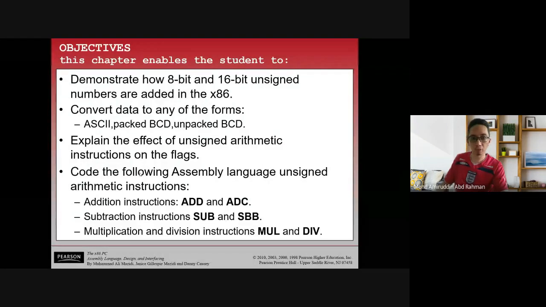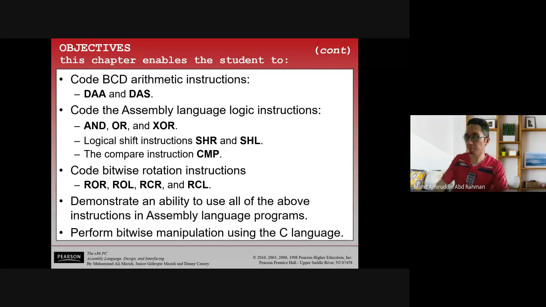We're going to do some assembly language using unsigned arithmetic instructions. So we have ADD, ADC, SUB, SBB, MUL, and DIV. MUL is multiplication and DIV is division. So this is in this chapter.